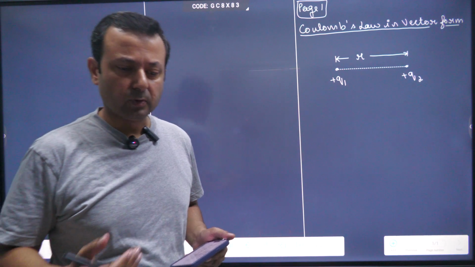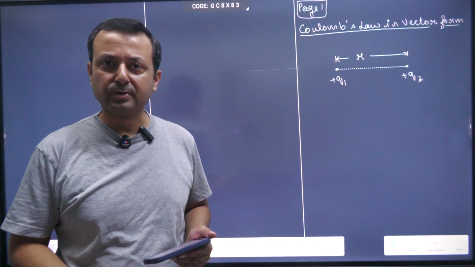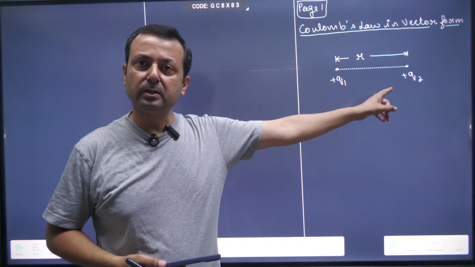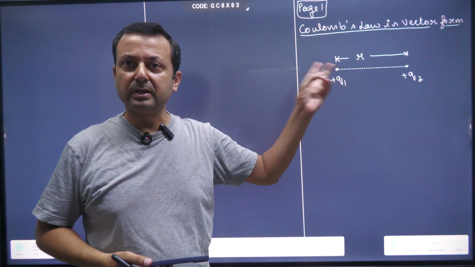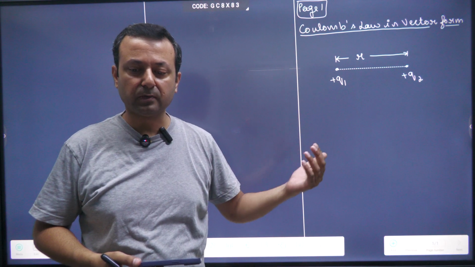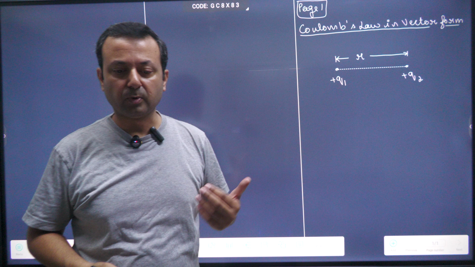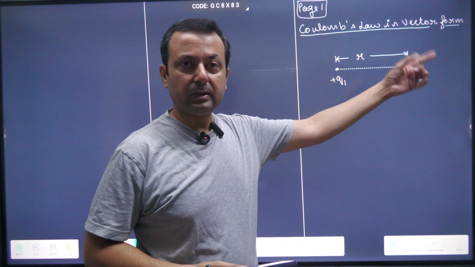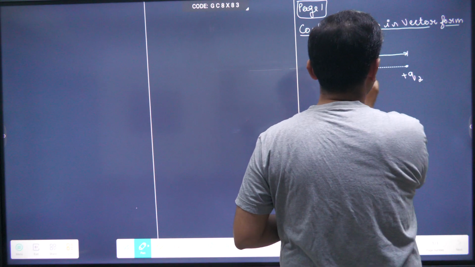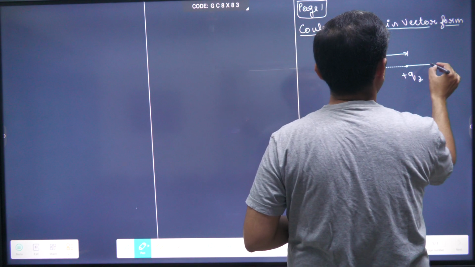A positive charge repels another positive charge. So this plus Q1 charge will repel this Q2 charge because they are similar charges. Similar charges repel each other, and opposite charges attract each other. Positive attracts negative and negative attracts positive. So Q1 will exert a repulsive force on Q2 like this.